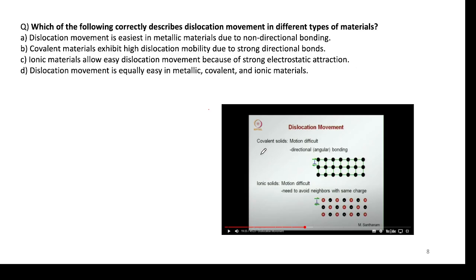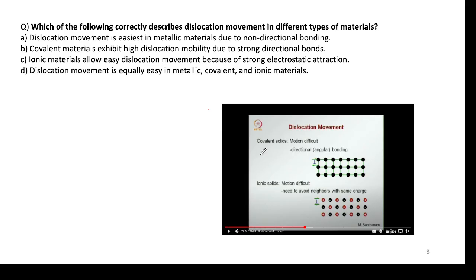dislocation. Which one of the following correctly describes dislocation movement in different types of materials? Option A: dislocation movement is easiest in metallic material due to non-directional bonding. Just recall the week 1 live session, where we studied which types of bonding are directional and which are non-directional.